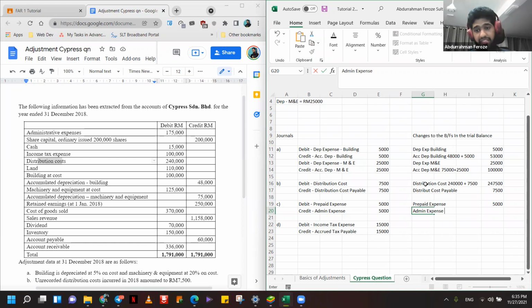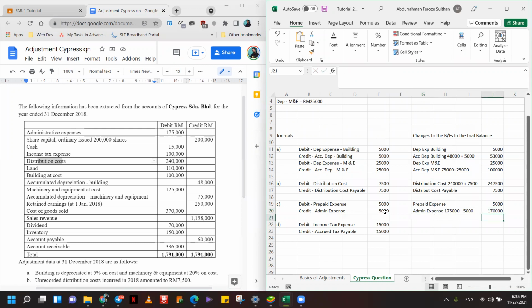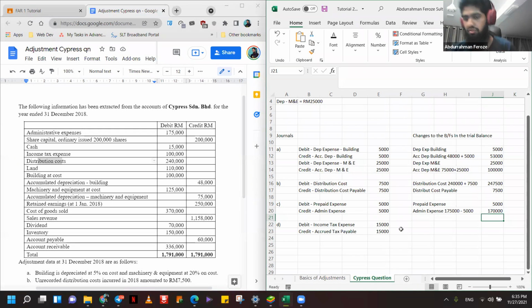No, not plus, minus. Because administration expense is an expense, it has been debited 175,000. Over here, it's credited, so it's minus. Expenses are typically debited, but prepaid expense is a current asset and was debited, and admin expense was credited. So it is reduced from 175,000 by 5,000 to 170,000. Okay, that's clear, right?